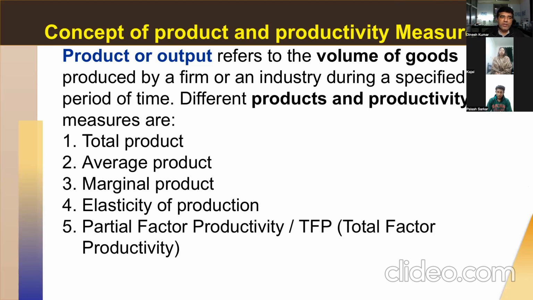The different product and productivity measures are total product, average product, marginal product, elasticity of production, partial factor productivity, and total factor productivity. These are different measures for measuring product and productivity.